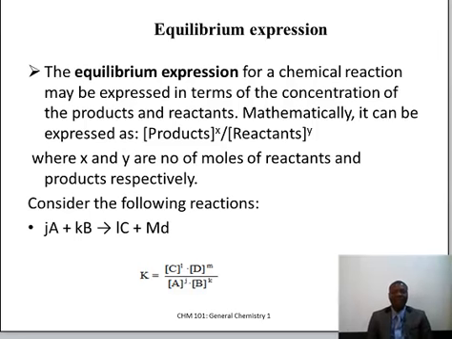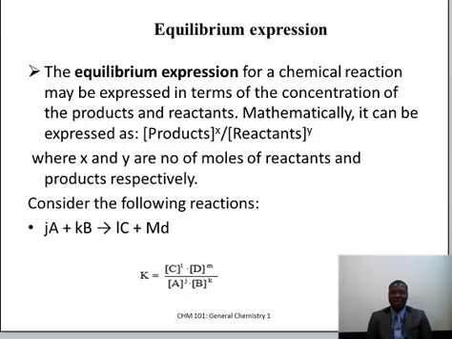Now, when you look at that, you can write the equilibrium expression for this equation as K equals concentration of C raised to power l times concentration of D raised to power m, all over concentration of A raised to power j times concentration of B raised to power k, where K is the equilibrium constant.